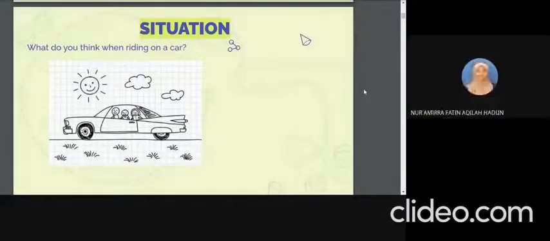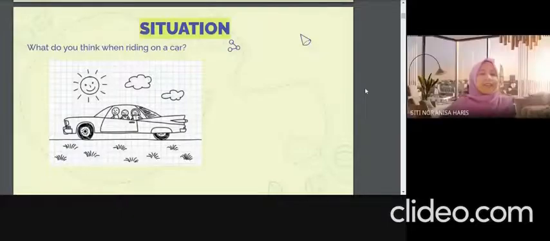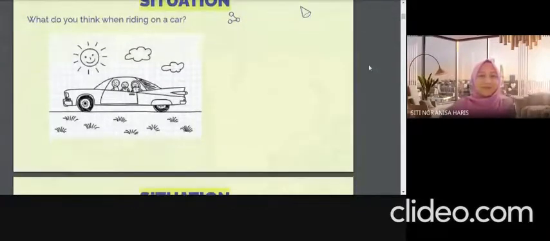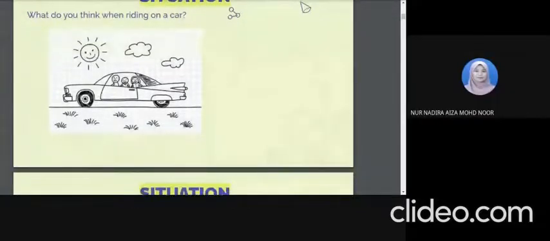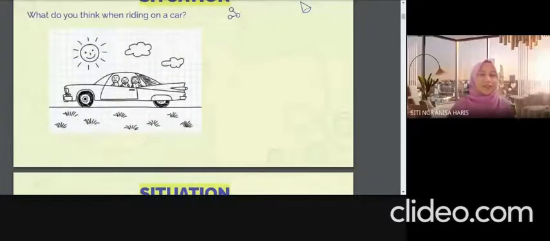Okay, good. So when the speed is not constant, what do you think about the graph that we get in order to represent the speed of the car? Teacher, can you repeat again? Okay.